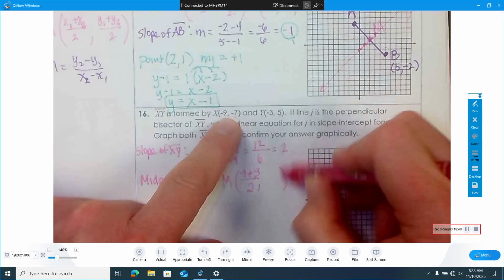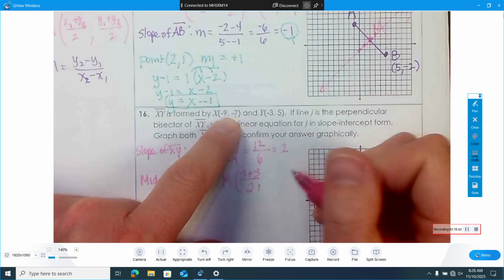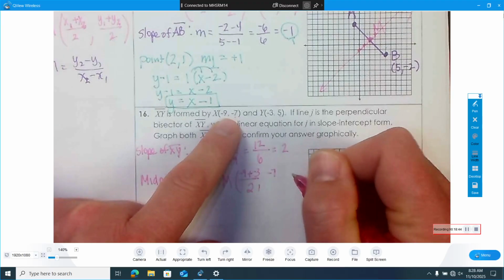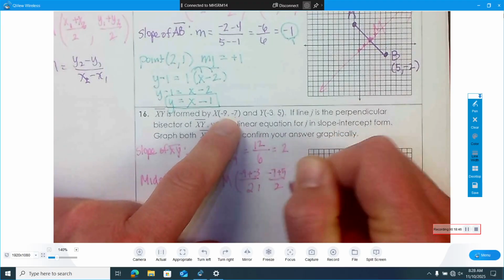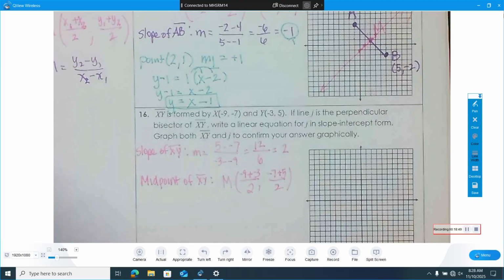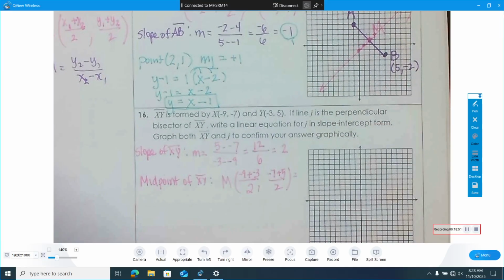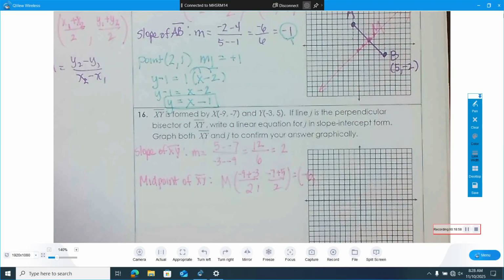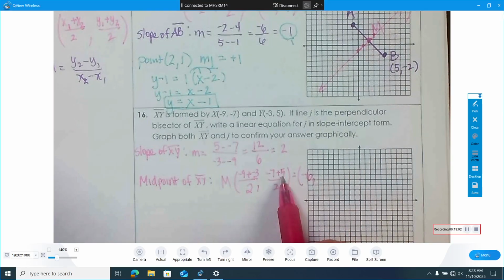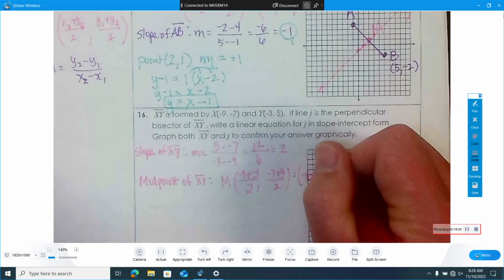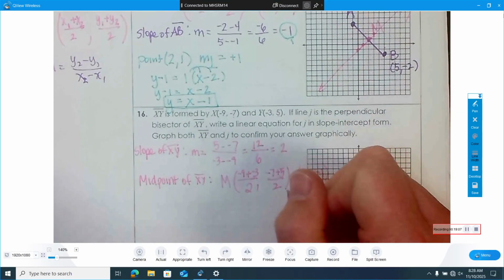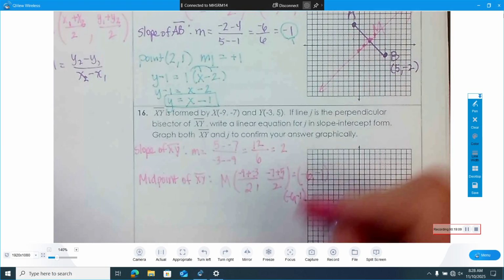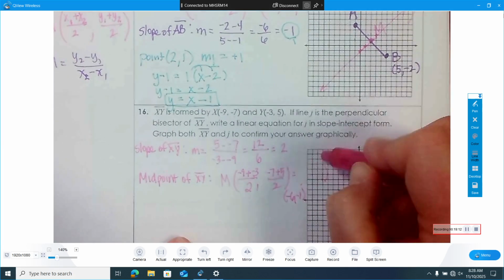So negative 9 plus a negative 3 over 2, and negative 7 plus 5 over 2. Negative 9 and a negative 3 make negative 12 over 2, which is negative 6. And then negative 7 plus 5 is negative 2 over 2, which is negative 1. So we get negative 6, negative 1 for the midpoint.